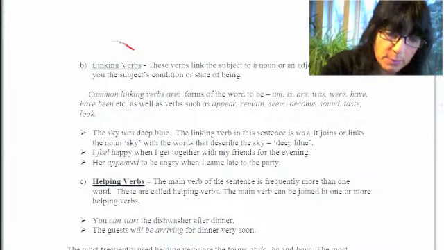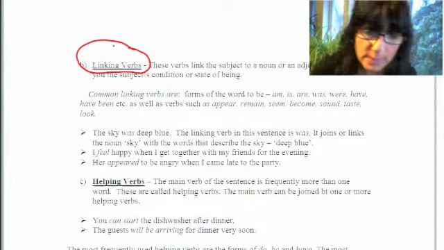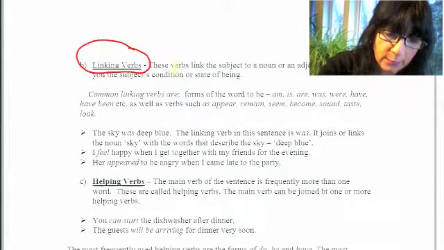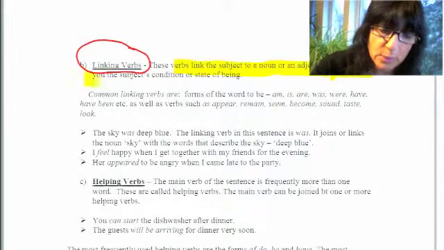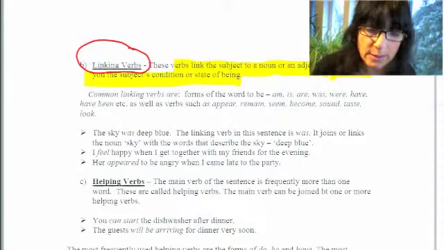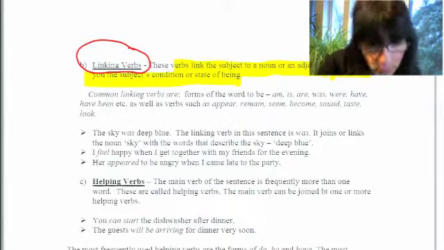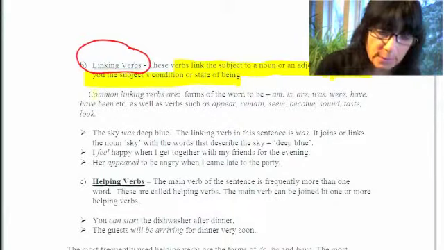Another kind of verb to familiarize yourself with is called linking verbs. These verbs, called linking verbs, link or join the subject to a noun or an adjective in the sentence. They will tell you the subject's condition or the state of being of the subject. And we'll look at some examples in a minute to make it a little bit clearer.